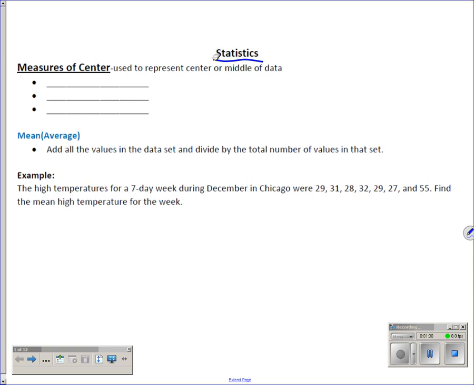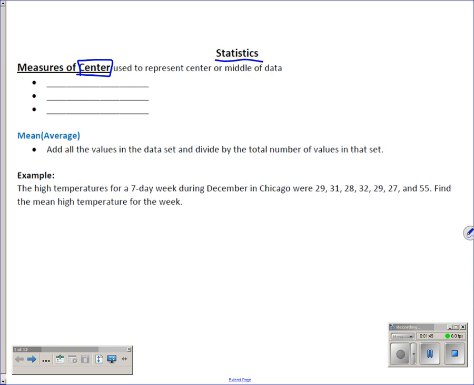So the first thing we're going to talk about is the measure of the center. Okay, it's called central tendency. And when we're talking about the center, that's usually where a majority of my data kind of revolves around. Okay, most of my data, unless there's what's called outliers, usually tends to be around the center.